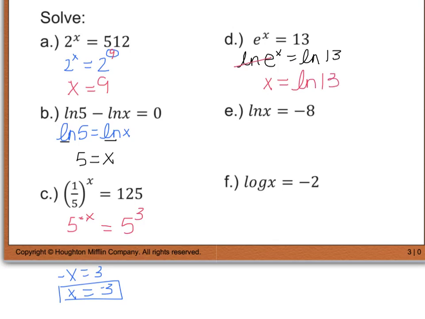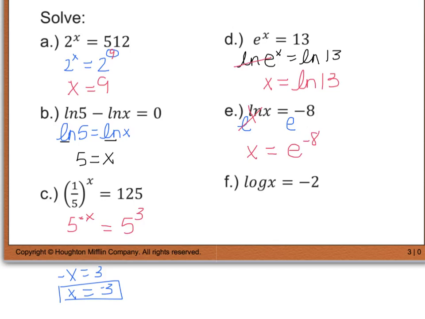I can use a similar concept in part E, where I have the natural log of x equals negative 8. If I go e to the natural log of x equals e to the negative 8, again my e and natural logs are going to cancel out, and I'm going to be left with x equals e to the negative 8th.